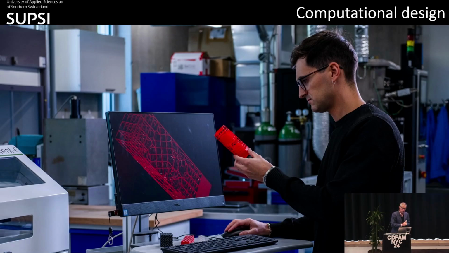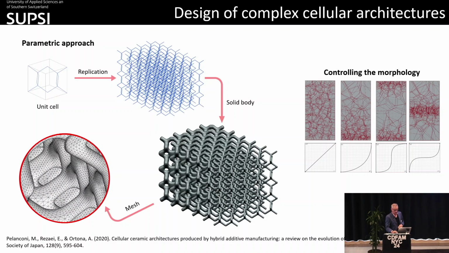So for many years, we started playing with these lattices. At the time, we didn't even know that it was called computational design. We were just CAD drawing things and testing them. And of course, we started with MATLAB, assigning different thicknesses to whatever.